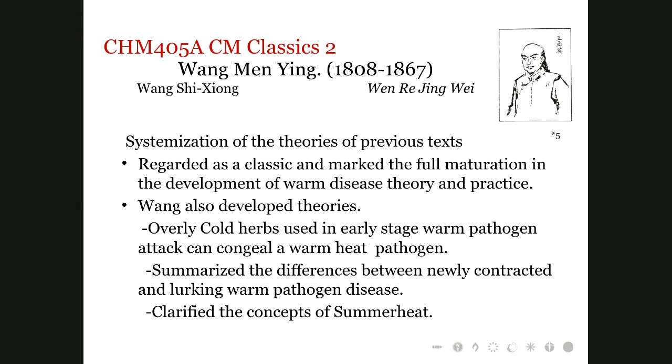Wang Mengying is also very famous and made great contributions in all these areas. He developed very good theories: overly cooling herbs used in the early stage when dealing with warm passages can result in congestion.